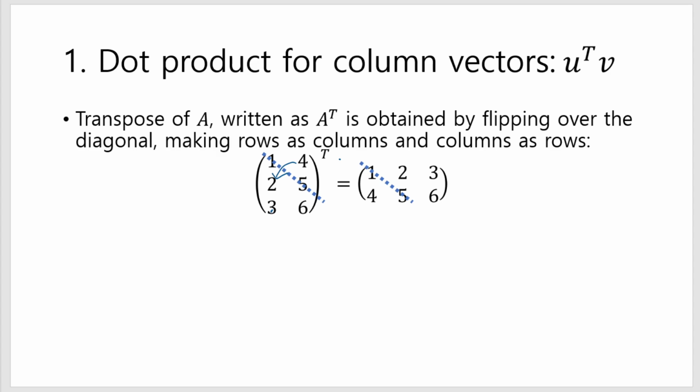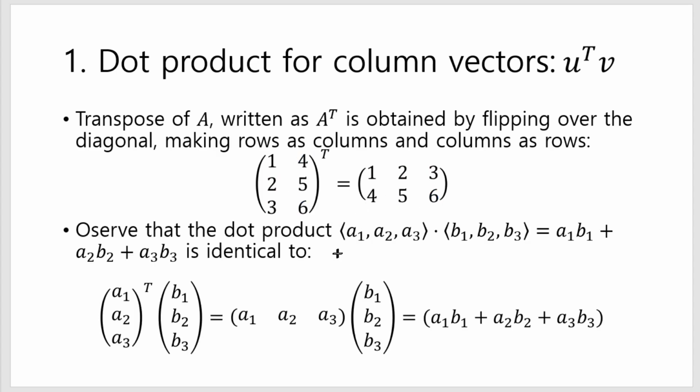So you can see that 1, 2, 3, which is a column, has a transpose that becomes a row. So column vectors become row vectors, and vice versa. If you have a row vector and you take the transpose, you get a column.